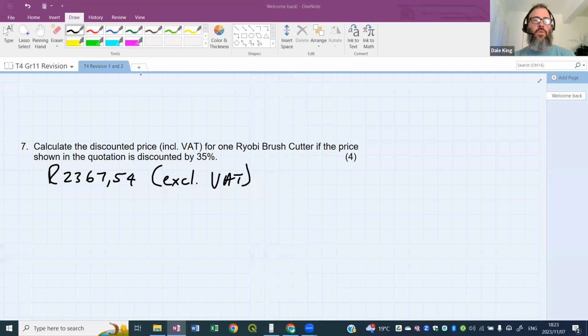All right, if you look at this question on the screen now, it says this is a price here, 2,367.54 for an item. We want to know what is the price of this item including VAT. If we take this excluding VAT price, drop it by 35%, what is the price going to be including VAT? Well done, Kayan.